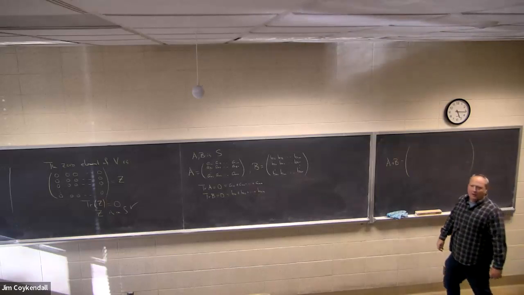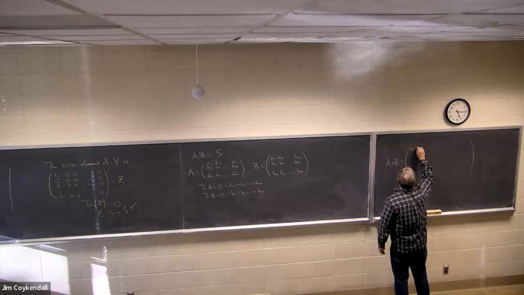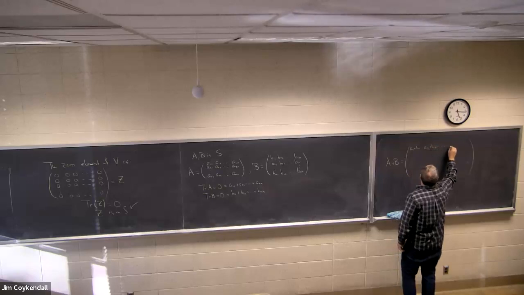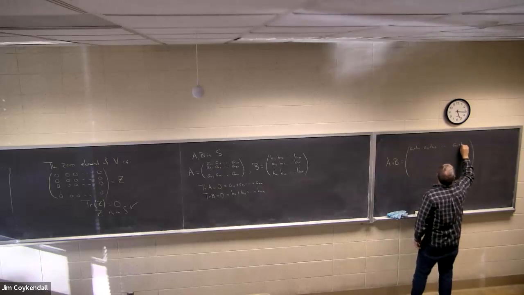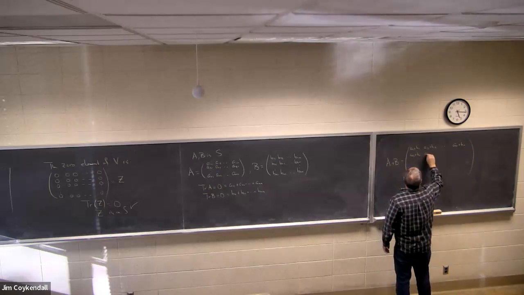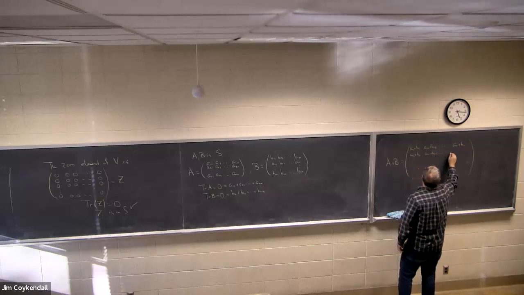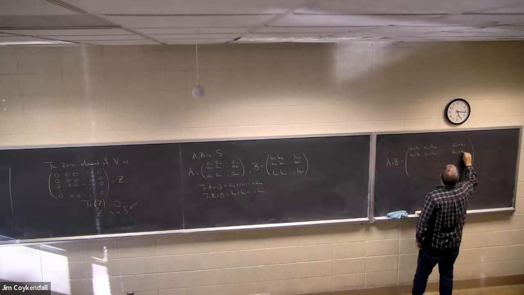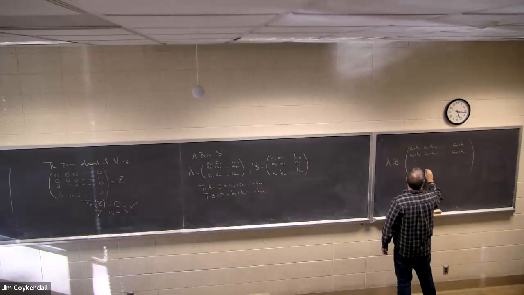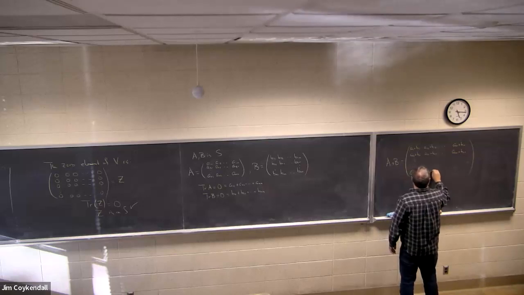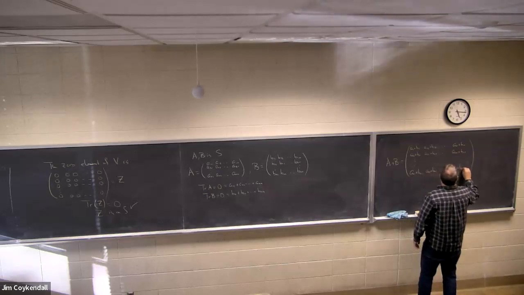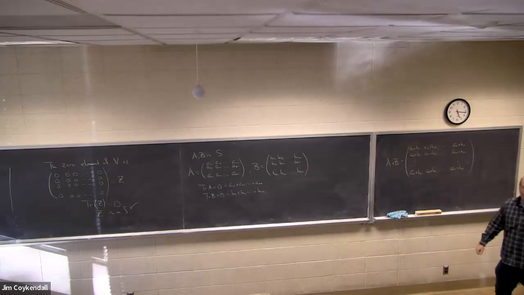Add them up separately: A11 plus B11, A12 plus B12, all the way through A21 plus B21, A22 plus B22, up to A2n plus B2n, and so on.